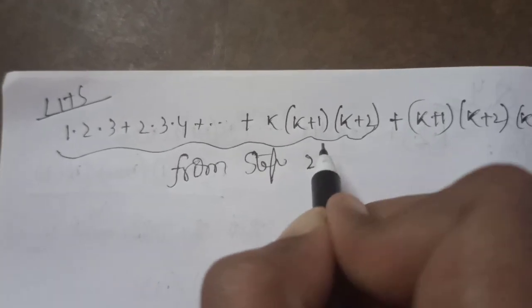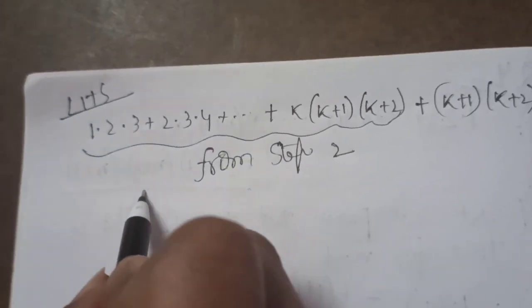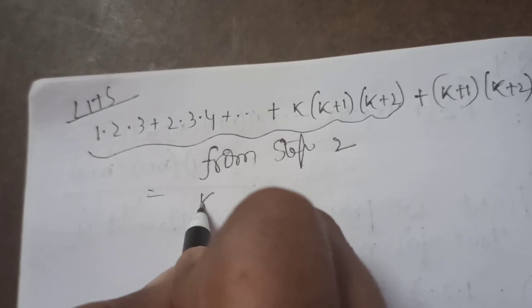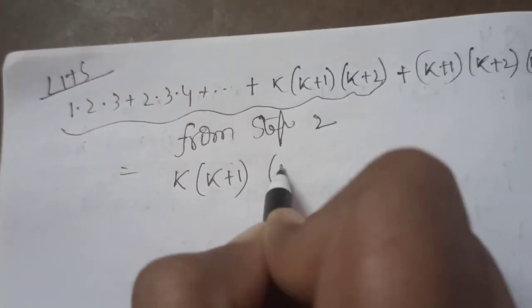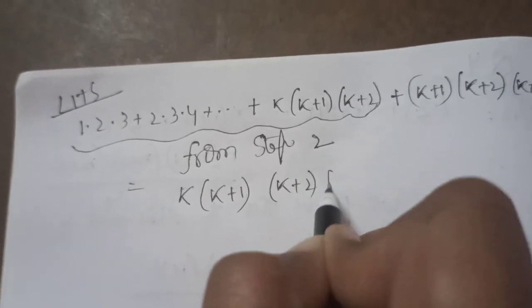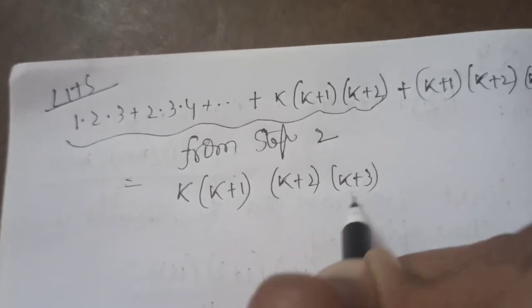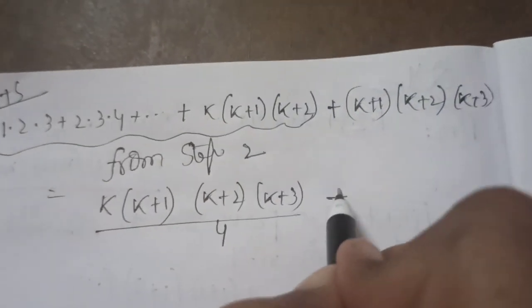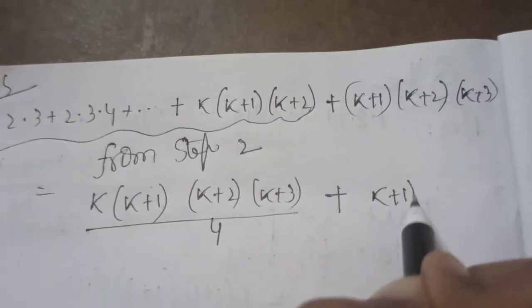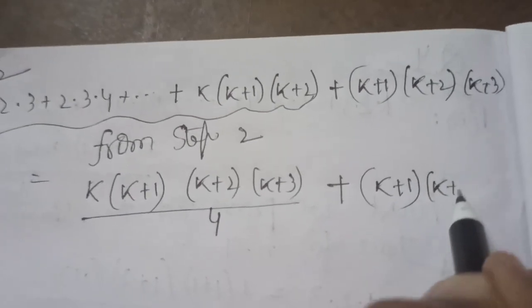What is the part up to here equal to, from step 2? It is equal to k into (k+1) into (k+2) into (k+3) divided by 4, plus (k+1)(k+2)(k+3).